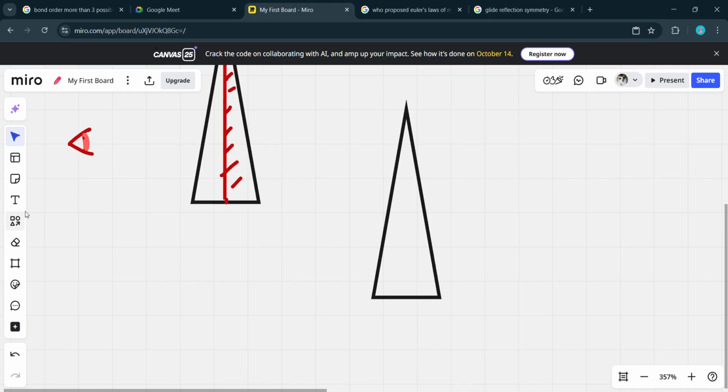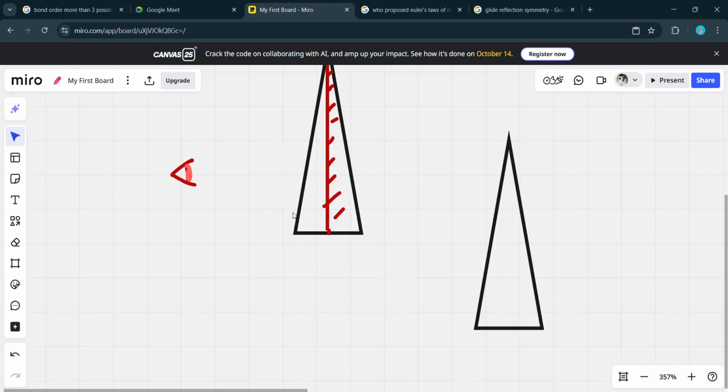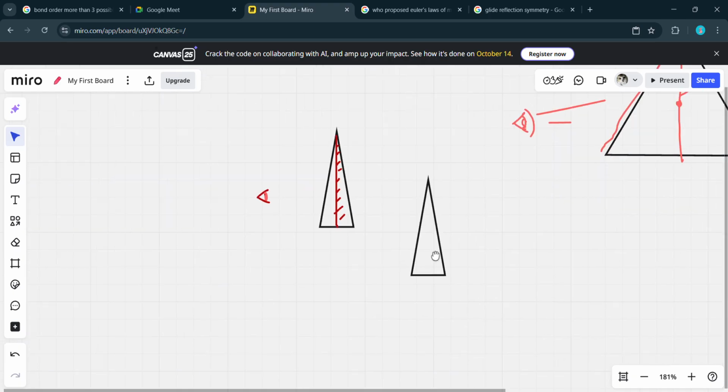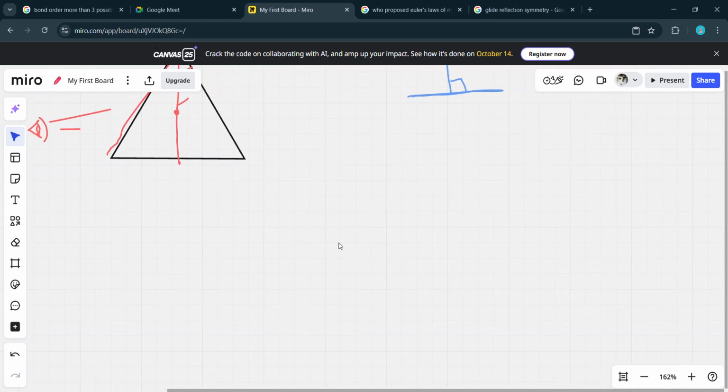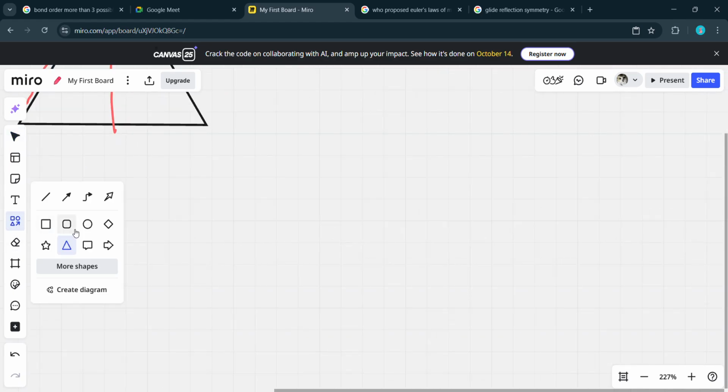So there is one angle of symmetry. Therefore, there are two types of symmetry for this shape, one axis of symmetry and one angle of symmetry. Okay, let's take a very interesting shape, I suppose.